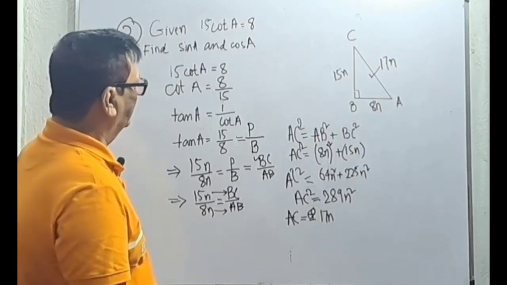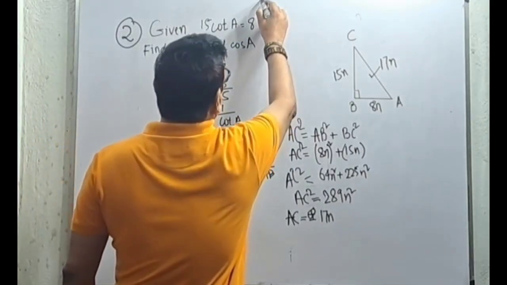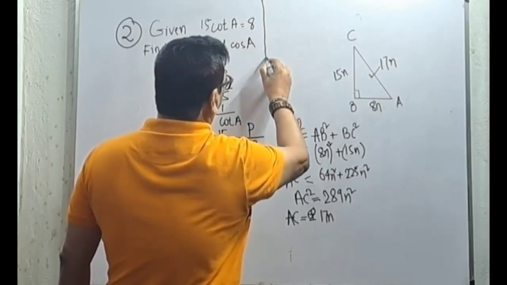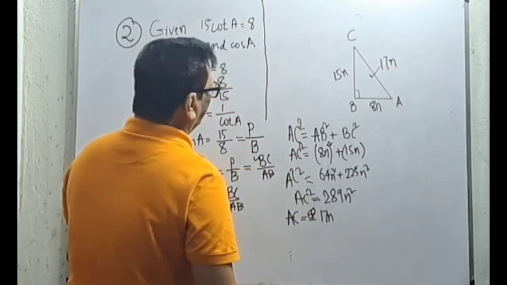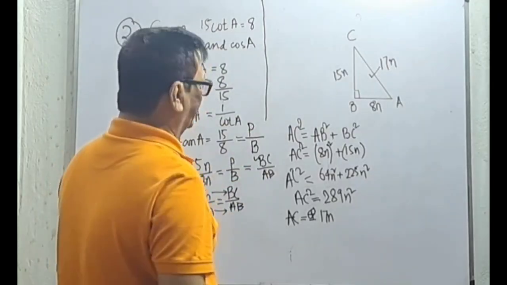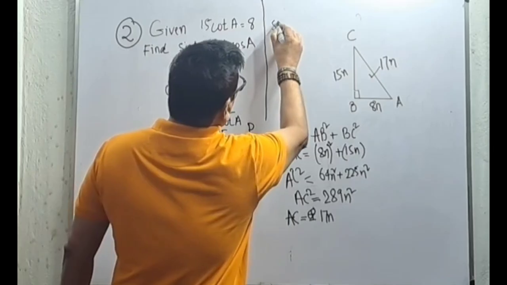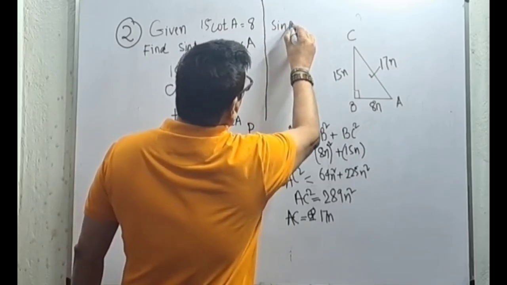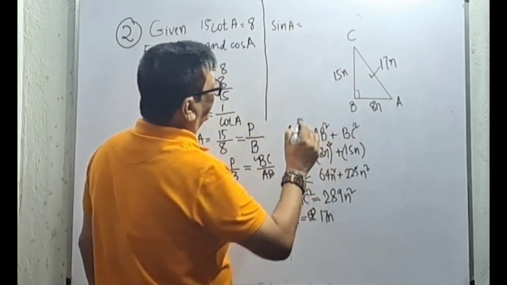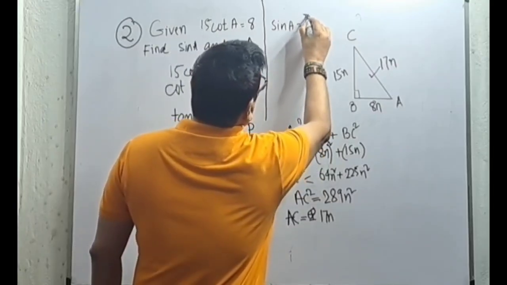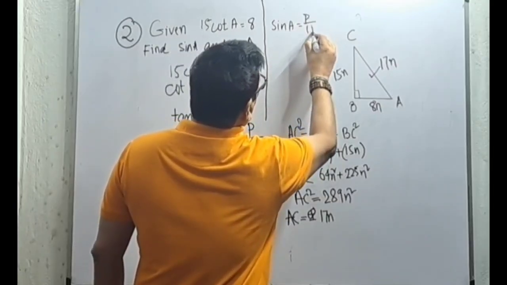Right? Now here we will give the solution. So we know the sides. So they want sine A. So sine A is, some people have, perpendicular by hypotenuse.